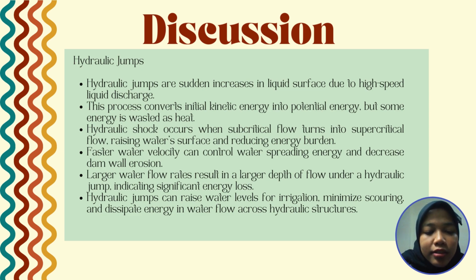Human error in trials is common, but two people confirming the flow height improves data accuracy. Hydraulic jump can raise water level for irrigation, minimize scouring, and dissipate the energy in water flow across the hydraulic structure.